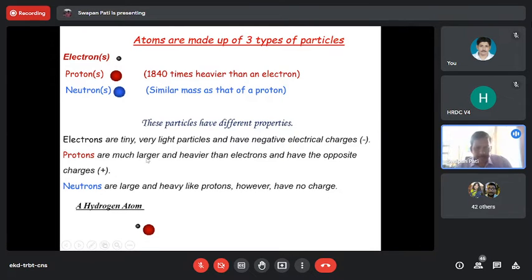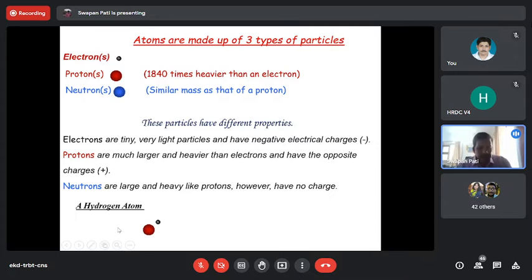Protons are much larger and heavier than electrons and have the opposite, positive charge. Neutrons are large and heavy like protons, but have no charge. And spin is there in the electron as well as in the nucleus, which contains protons and neutrons. I'll come to that maybe if somebody asks questions.